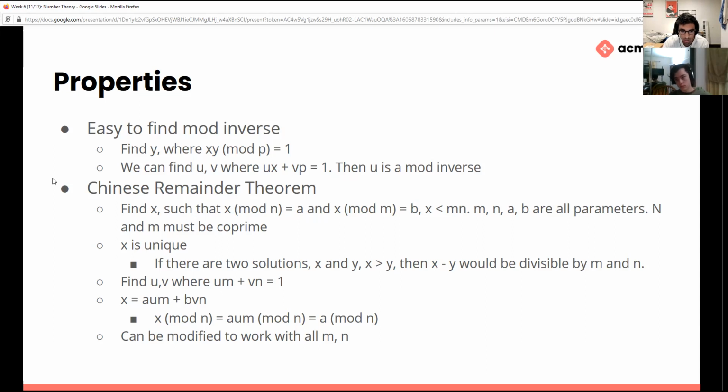We won't talk about this, but you can look it up. And there are extended Chinese remainder theorem algorithms that solve not just this case, but the general case. Hopefully this makes sense. Does anyone have any questions?